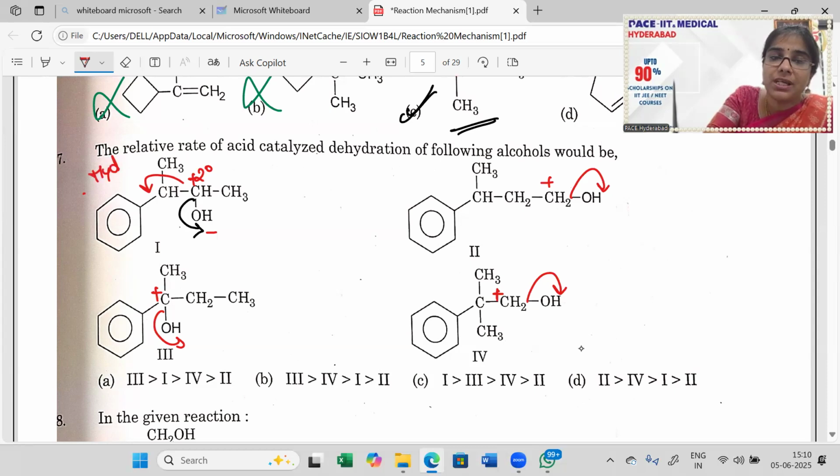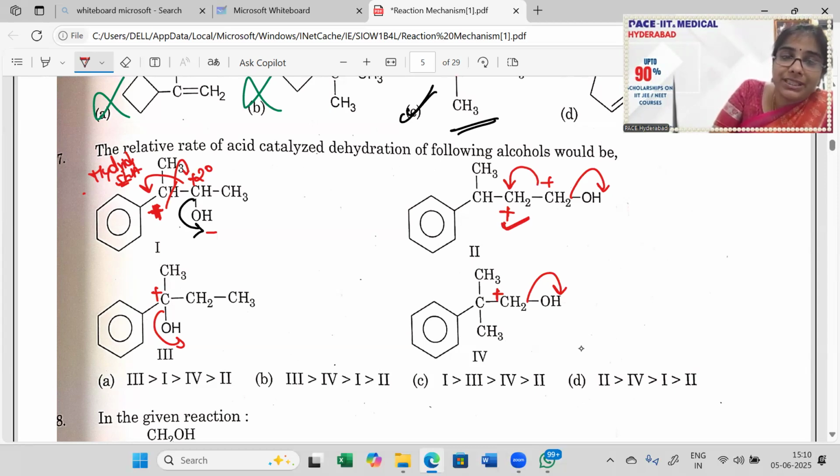In the first option, the hydrogen will move there and the positive charge comes here. In the second option, there is a positive charge, but still it will undergo a hydride shift, and the positive charge comes onto the 2 degree position.